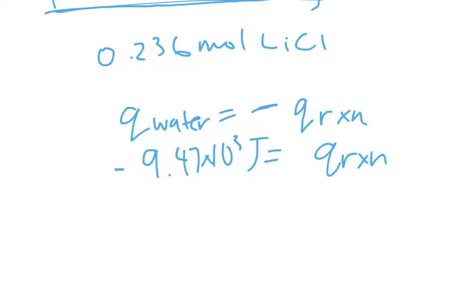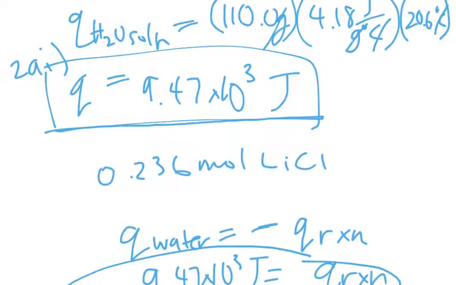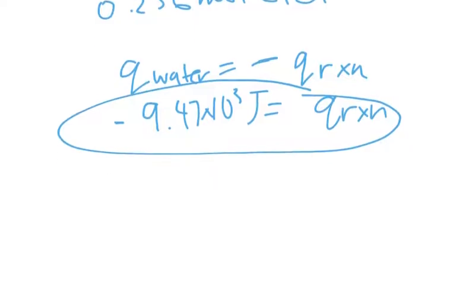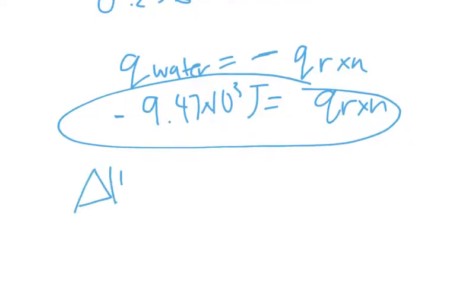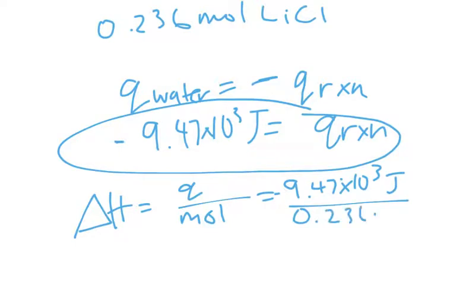And this makes sense since the reaction was exothermic because it heated up the water. So that means that the reaction must have a negative sign for the heat, or the delta H. And if we remember, delta H is equal to the amount of heat per mole. And we could simply plug and chug, so negative 9.47 times 10 to the third joules per 0.236 moles.